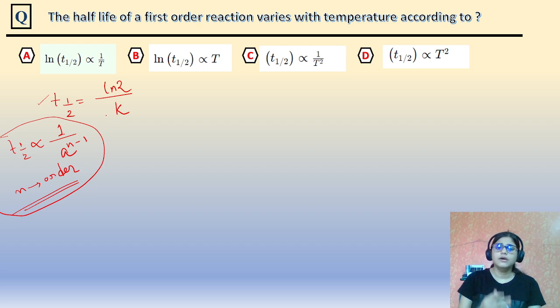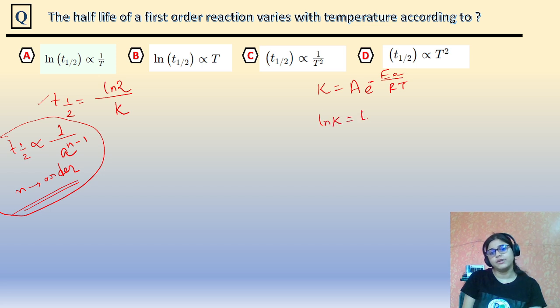Fine. Now we know the Arrhenius equation, right? Let's write the Arrhenius equation also. K will be A into e to the power minus Ea by RT. If we take ln, ln K will be ln A minus Ea by RT.